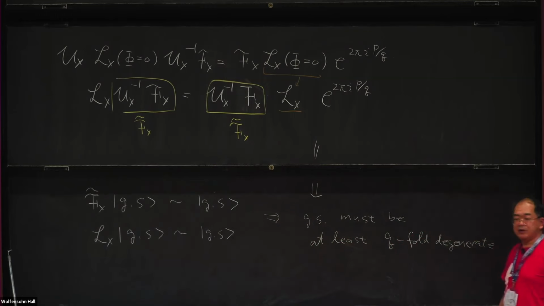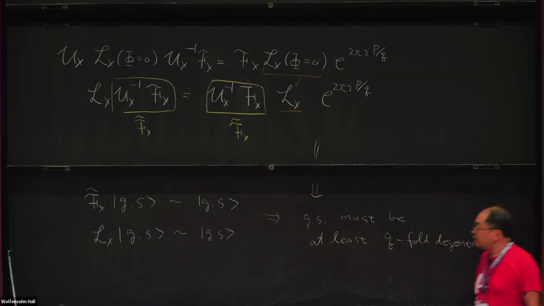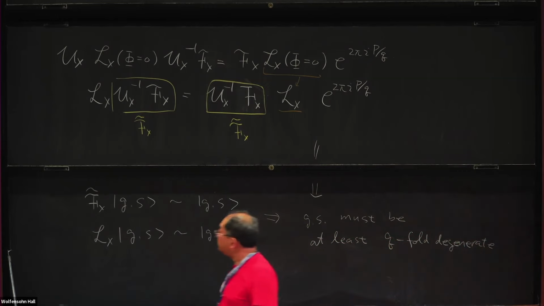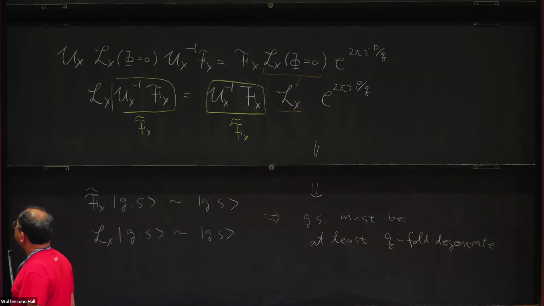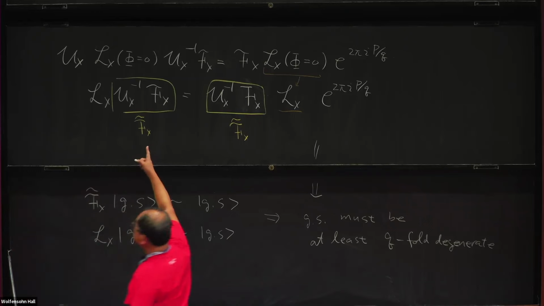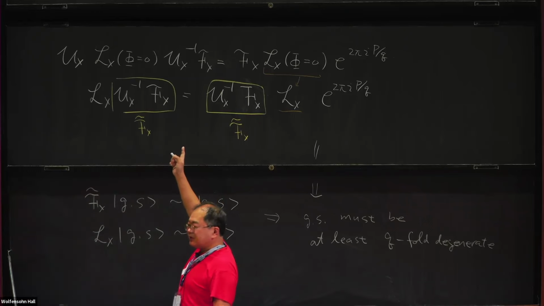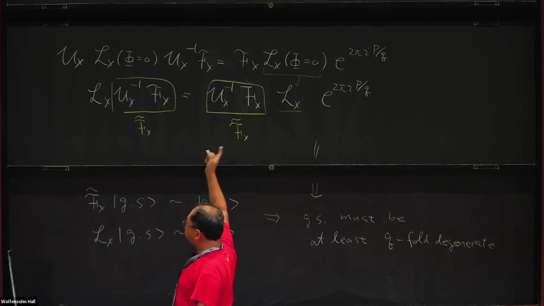Is this an operator that acts at a fixed time, or does it continue to act at all future times? You mean this F? Yes. Yeah, you can again formulate this as a time evolution. So it's not an operator that acts at a fixed time.